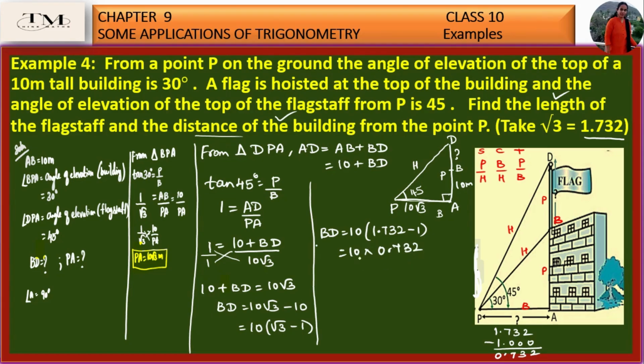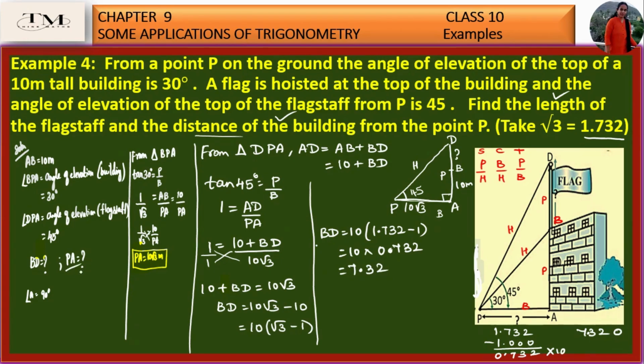If you multiply this number by 10, it will become 7320. How do we place the decimal point? Put the decimal point before 3 numbers, 1, 2, 3. It is here. So it is 7.32. After decimal, 0 is not needed. So BD is equal to 7.32, which we needed to find out.